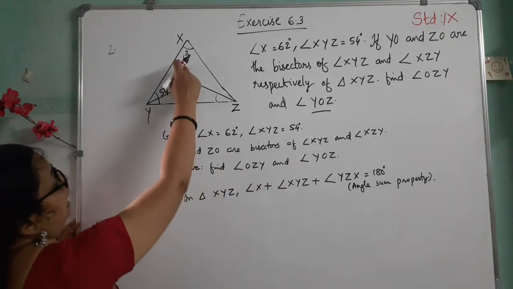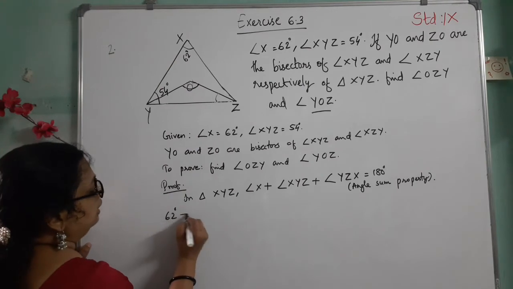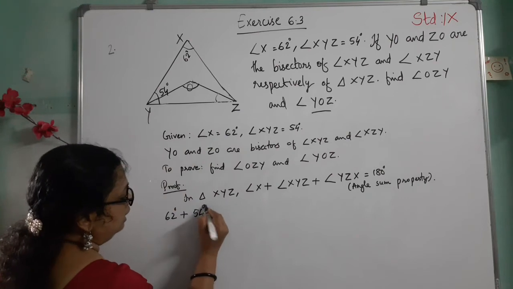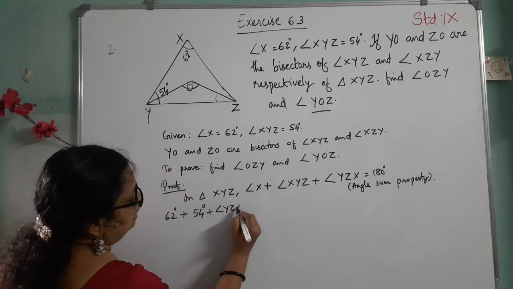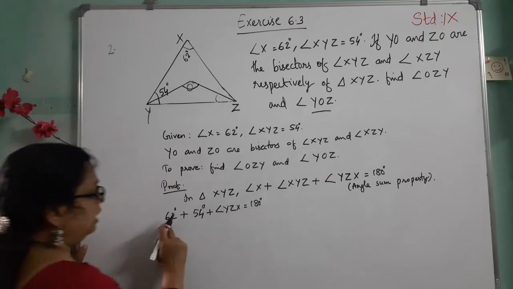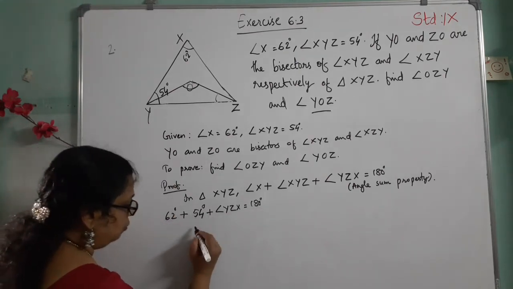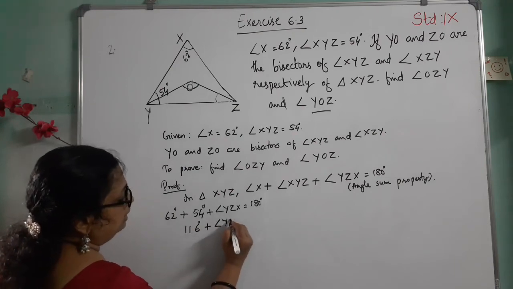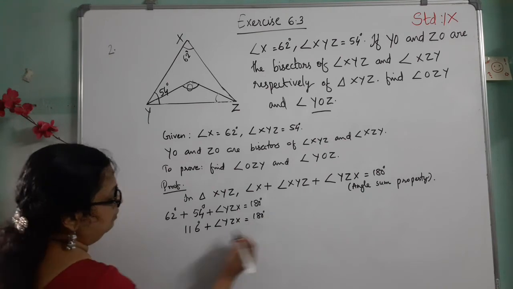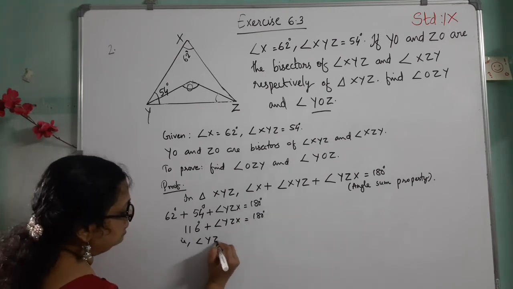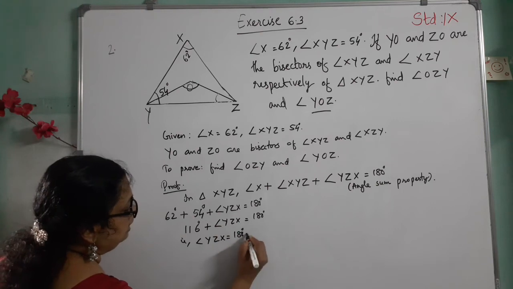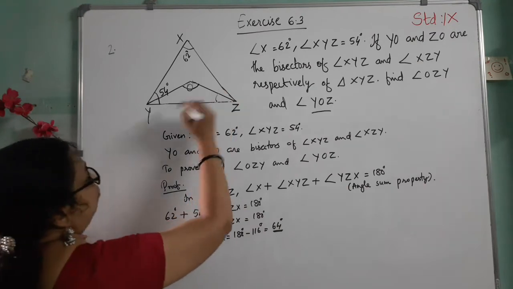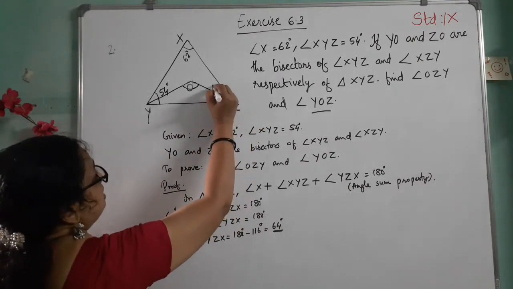Then angle X equal to 62 degrees plus angle XYZ, that is 54 degrees, plus angle YZX equal to 180 degrees. Then 62 plus 54, 2 plus 4 is 6, 6 plus 5, 116 degrees, plus angle YZX equal to 180 degrees. That is angle YZX equal to 180 degrees minus 116 degrees, which is equal to 64 degrees. So this angle YZX is 64 degrees.